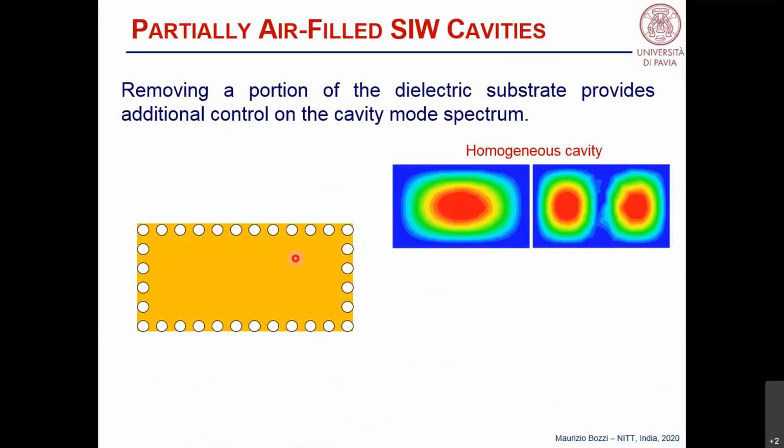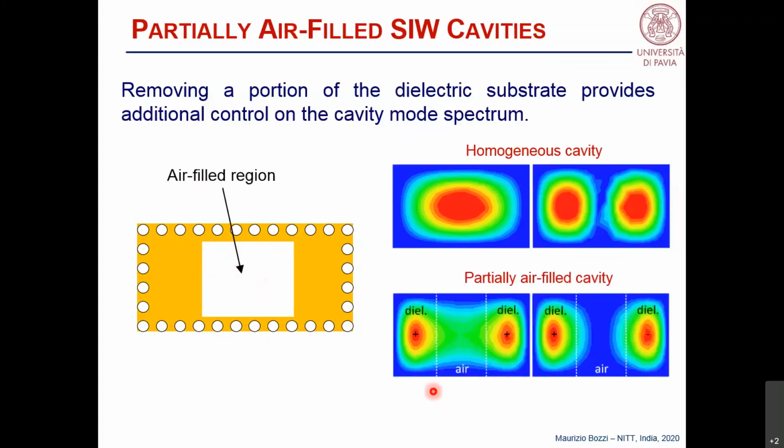Okay? If you remove a portion of the dielectric inside the cavity in the central part here, what happens is that you get 2 modes that look like this, because the electric field tends to concentrate in the area with the dielectric, simply because they have somehow a lower impedance. So the electric field is more concentrated here and here, so in this part and this part.